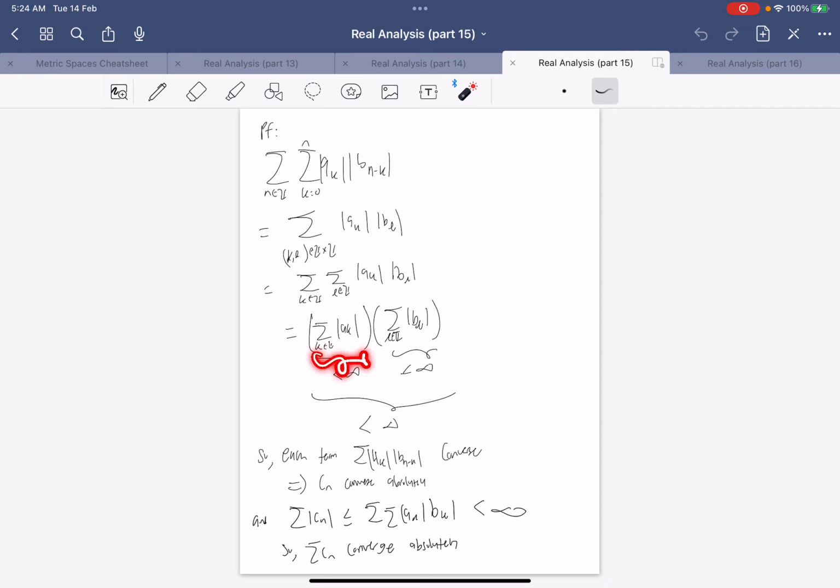Because you know a_k and b_l converge absolutely, this part is less than infinity, and this part is also less than infinity, and so the whole term will be less than infinity. And why can we just sum across all the integers instead of restricting ourselves?